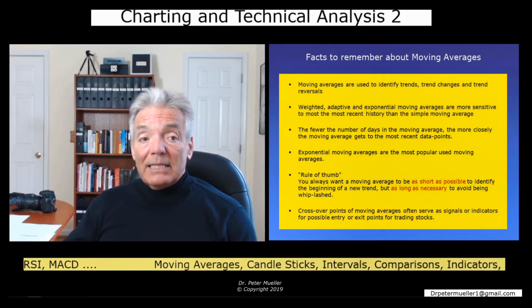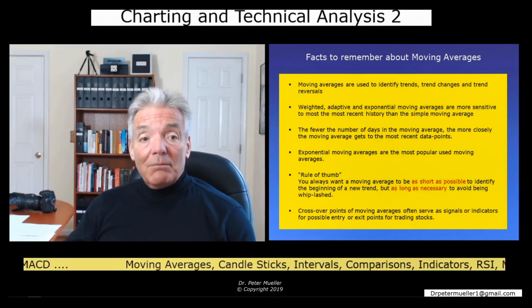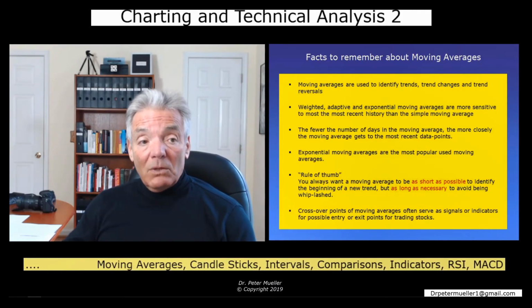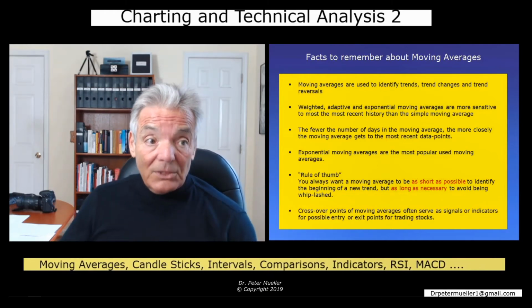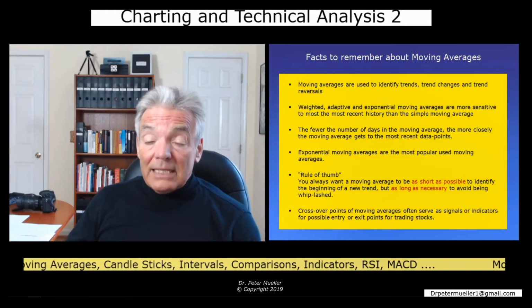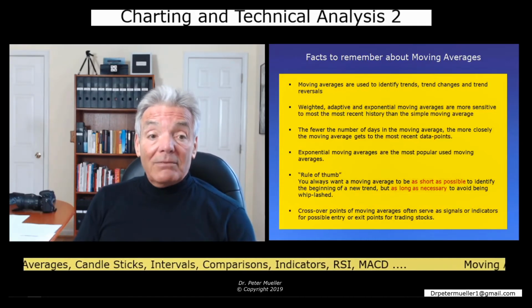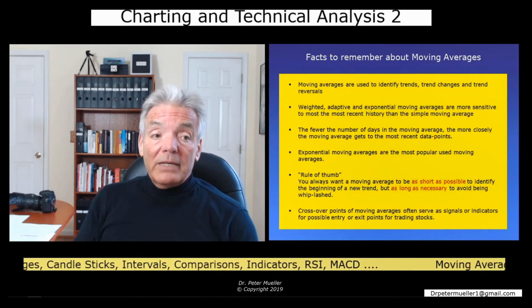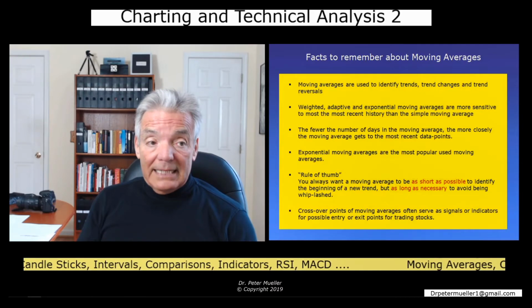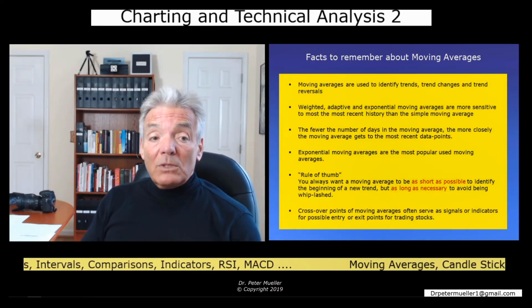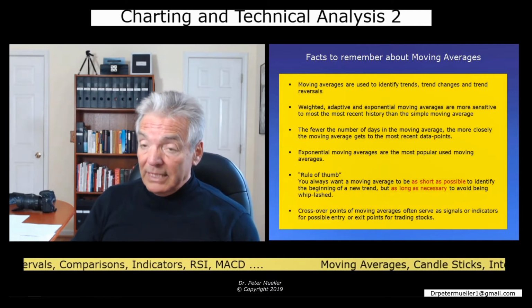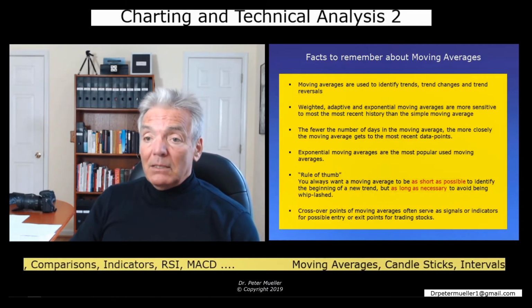Weighted, adaptive, and exponential moving averages are more sensitive to the most recent historical data than the simple moving average. The fewer number of days you include in the moving average, the more closely the moving average gets to the most recent data points. Exponential moving averages are the most popular moving averages. I use them the most myself.